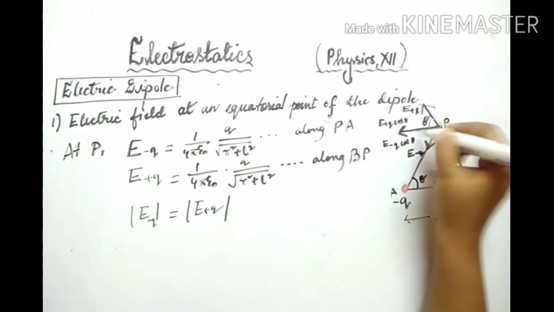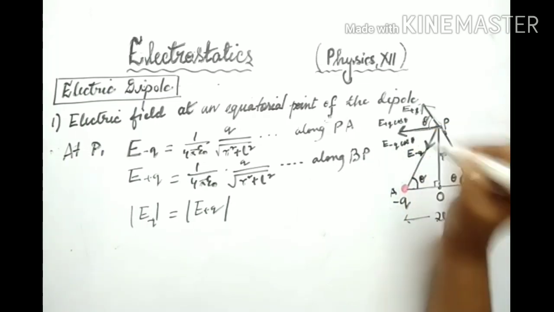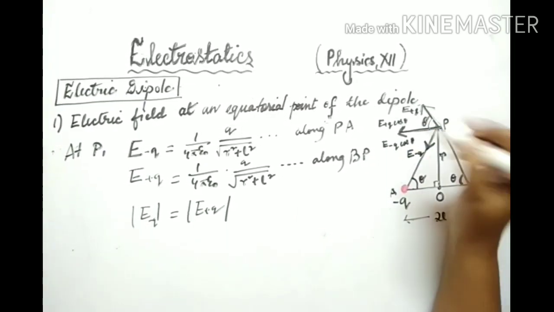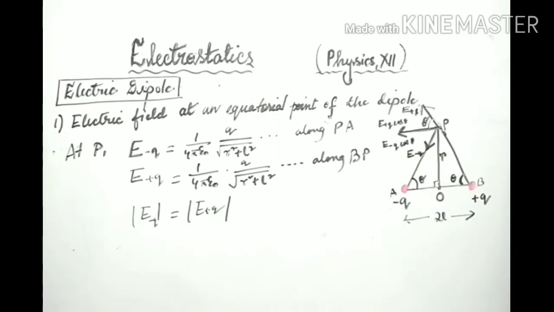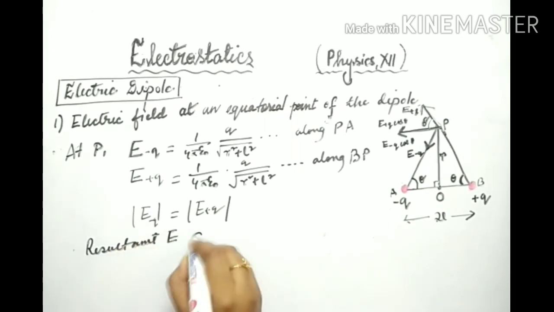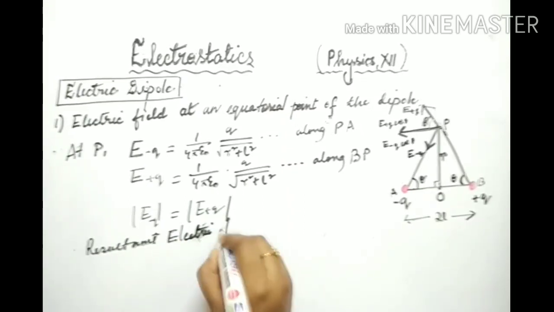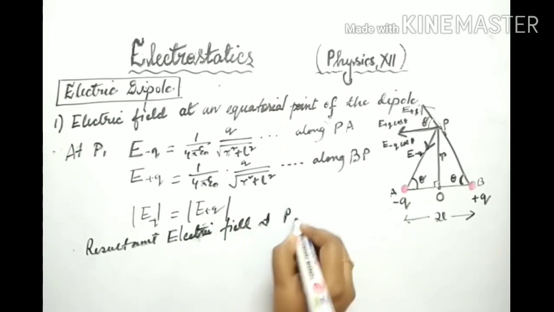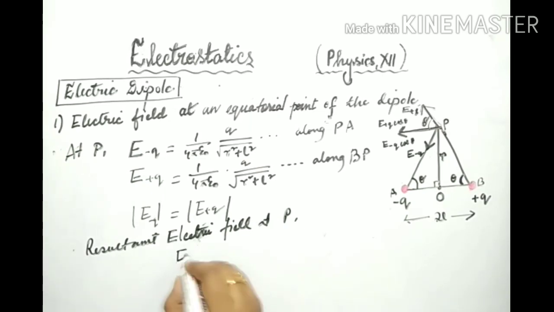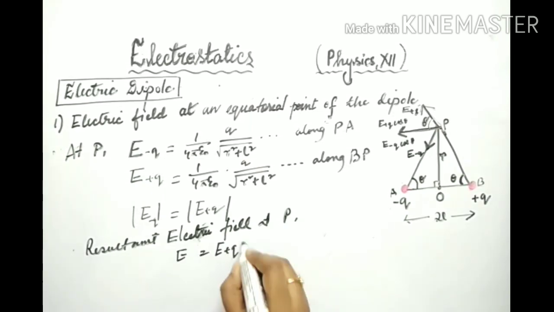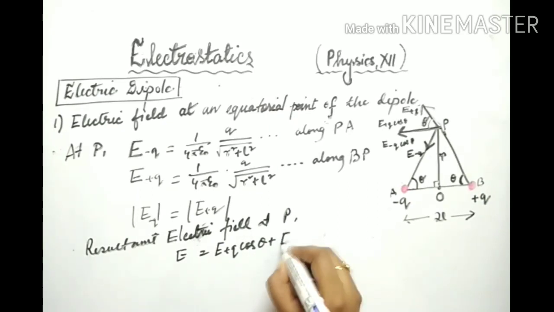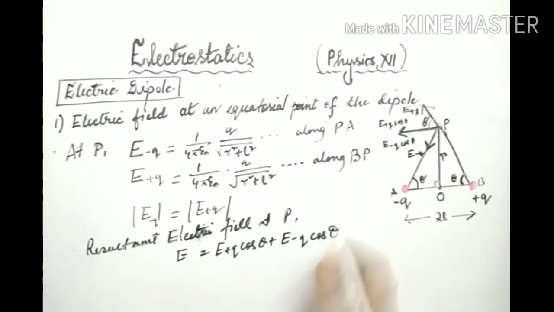So the resultant electric field at P will be E equals E plus Q cos theta plus E minus Q cos theta. This is the resultant electric field.